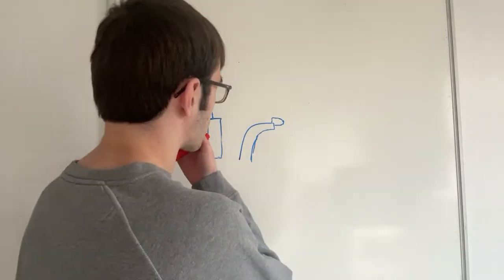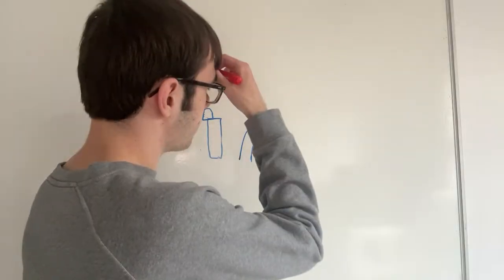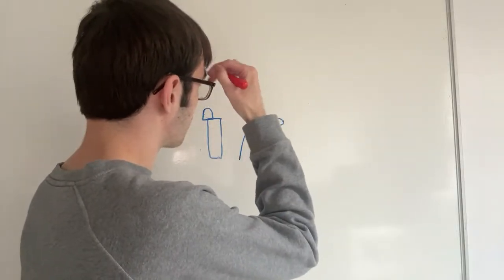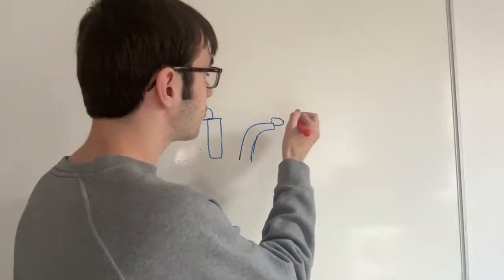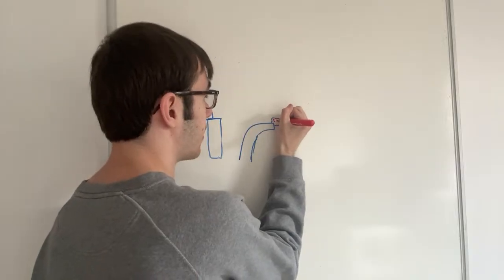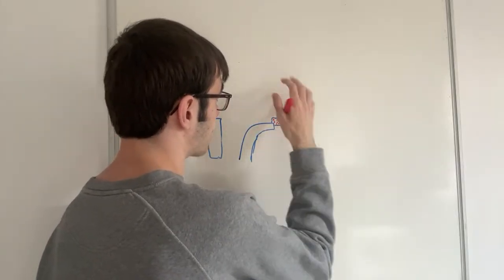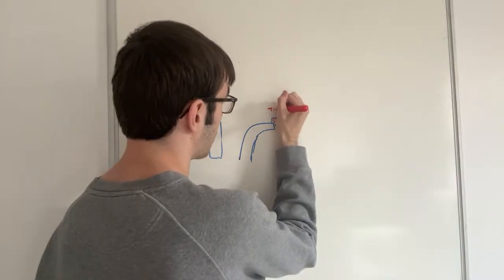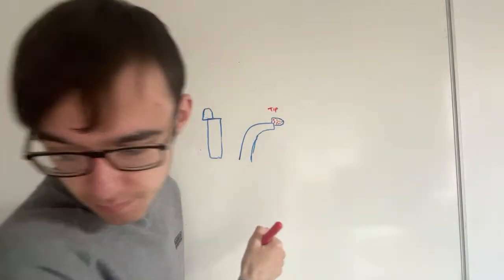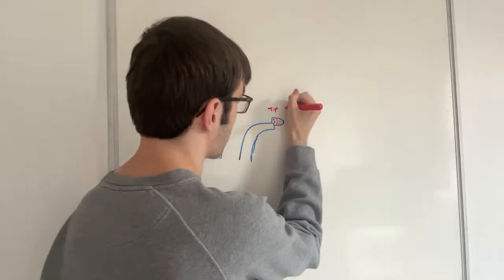I'm so confused. Wait, so does that mean there's light everywhere or that there's no light? Would you just say that the IAA is distributed evenly throughout the tip of the shoot?